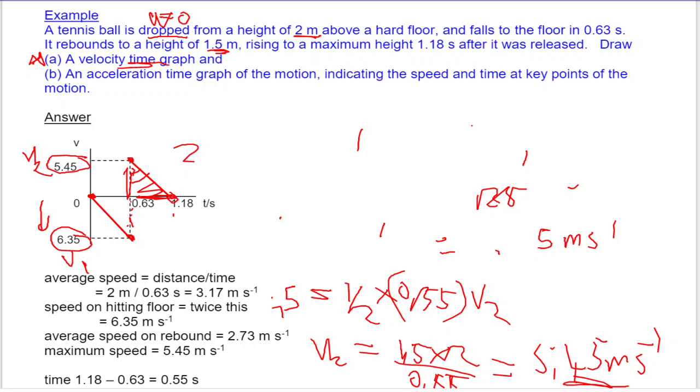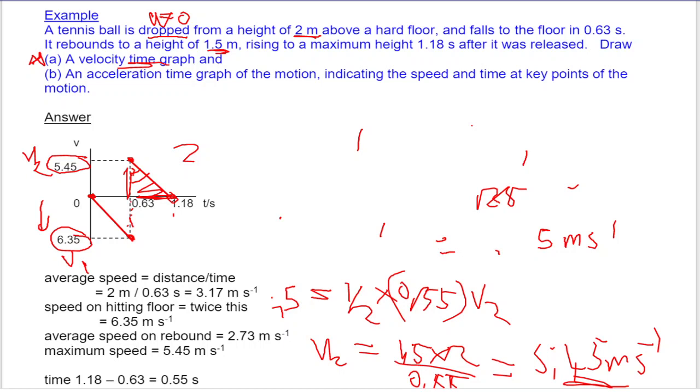So our graph is going to be like that, with a over there, t over there, and then we've got our 0.63 over there. So this is measured in seconds, this will be measured in meters per second squared.